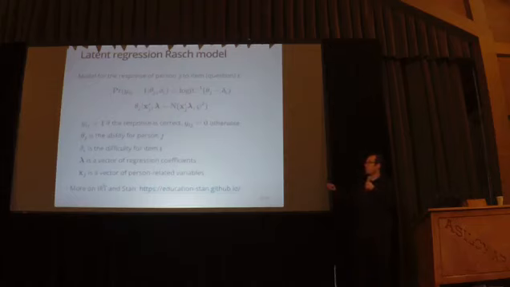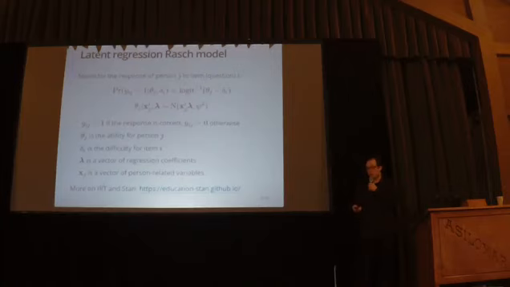So the probability of a correct response, y equals 1, or an incorrect response, y equals 0, depends on a person-specific parameter, that is theta, which is the ability for person j, and an item-specific parameter, that is delta, the difficulty for item i. So the probability of a correct response is then the difference between the two passed through an inverse logit link function.